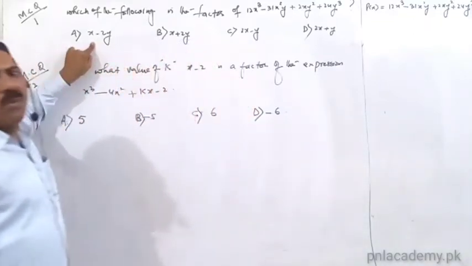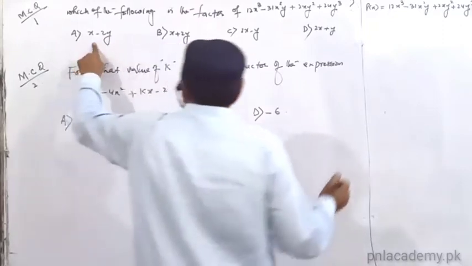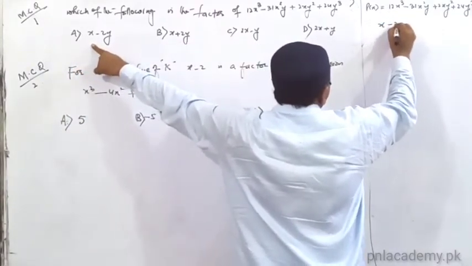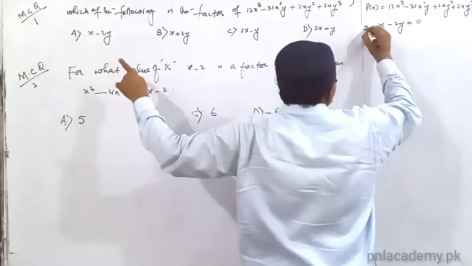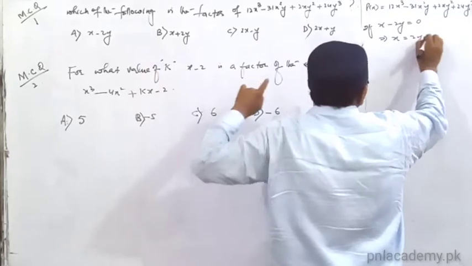Suppose x minus 2y is a factor. So x minus 2y is equal to 0. It implies that the value of x is equal to 2y.